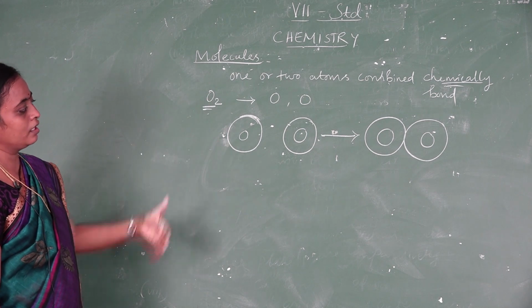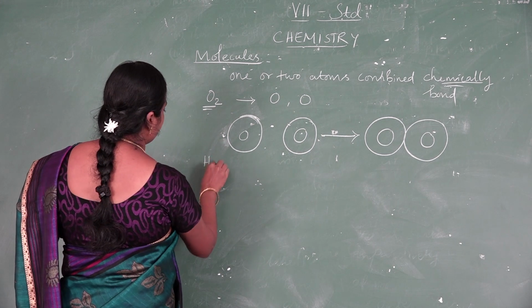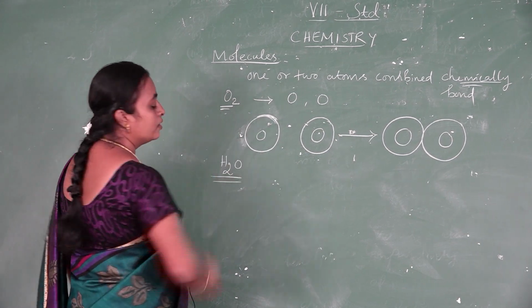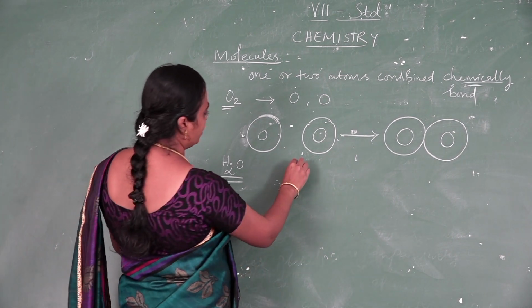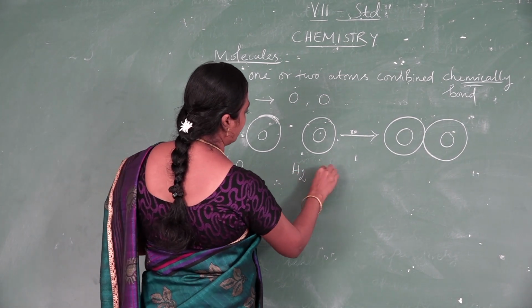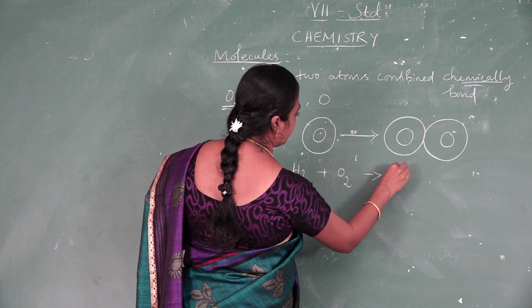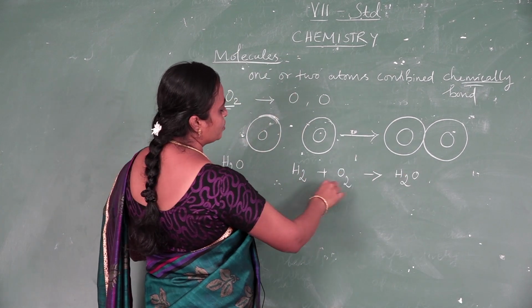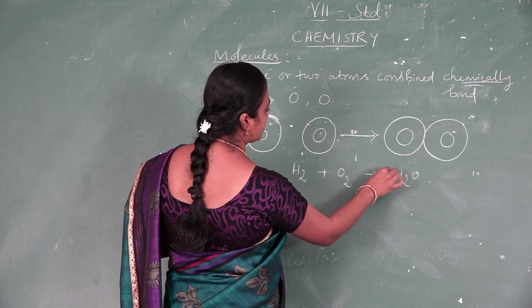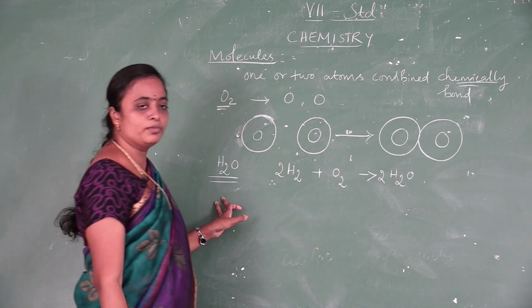If I take dissimilar atoms, different types of atoms, like H2O, the water molecule, how is it formed? You take hydrogen and add it with oxygen and you get a water molecule. To balance this, you have two oxygen atoms, and to show that, again two hydrogen atoms will be needed.